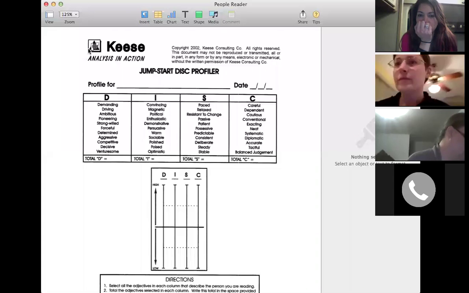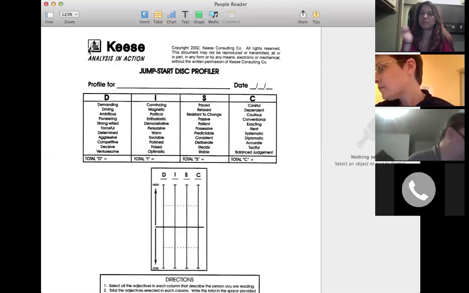We've selected every adjective in each column one at a time, and then we plotted the points down below. So this is basically a real rough picture of what your behavioral style is. Now, it's not perfect, it's not exact, but it's enough that we can make some general comments about how you should be doing the business and what kinds of things you should be doing.